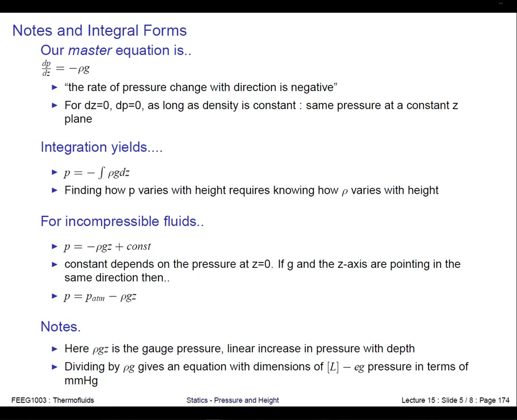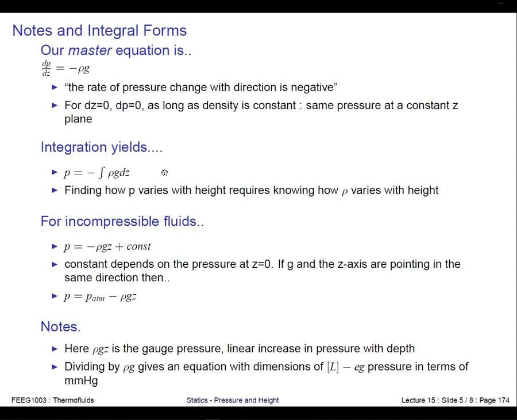So what can we do with this equation? Well, typically we want to work out the pressure, and to do that we need to integrate it. So your go-to integration of this equation is we move the dz up to here, and then we can integrate the left and the right hand side.